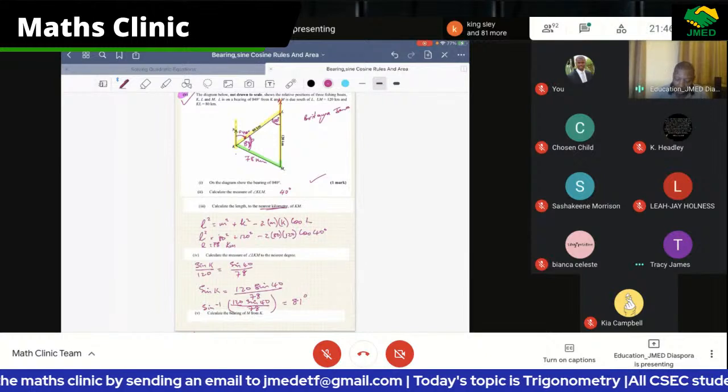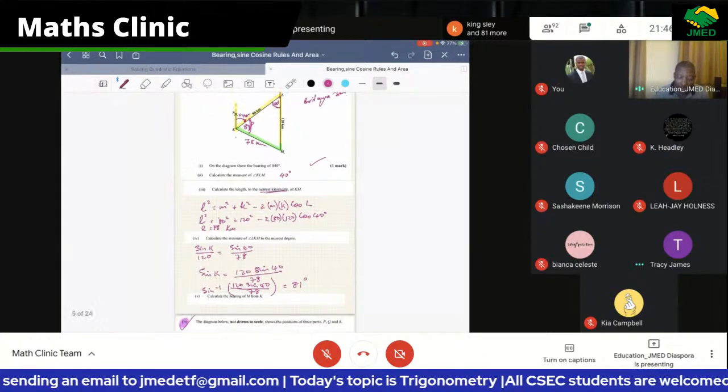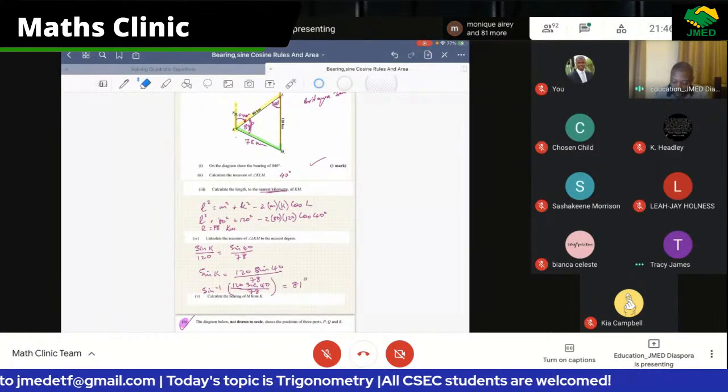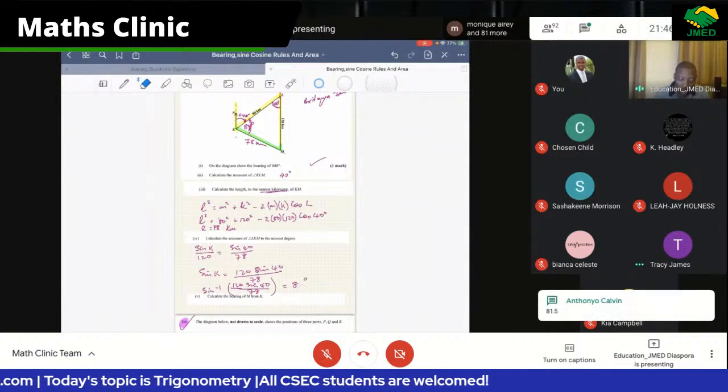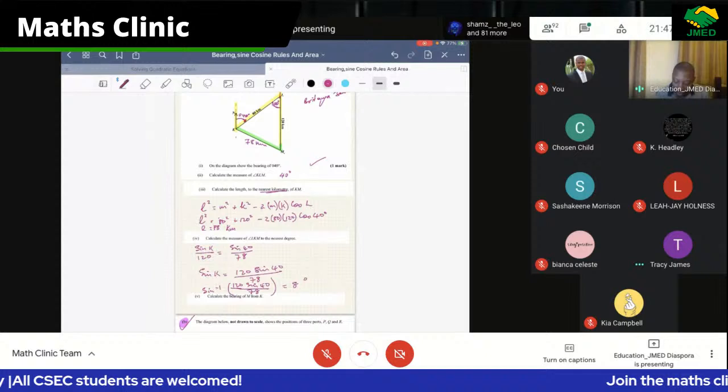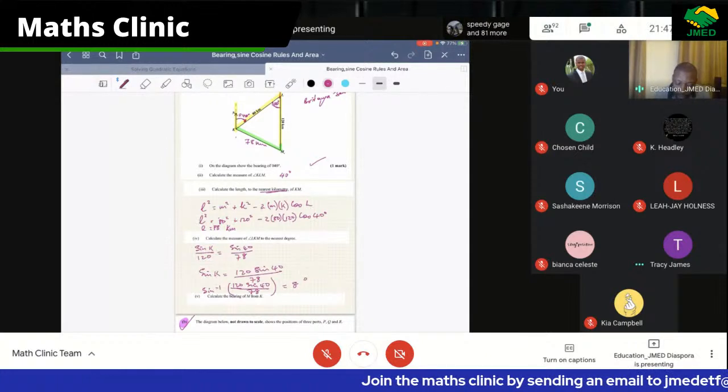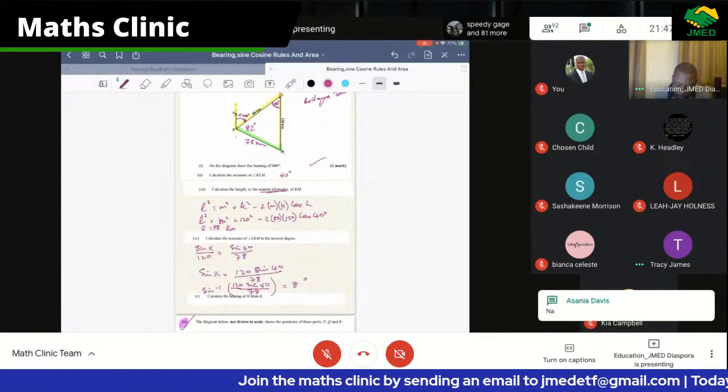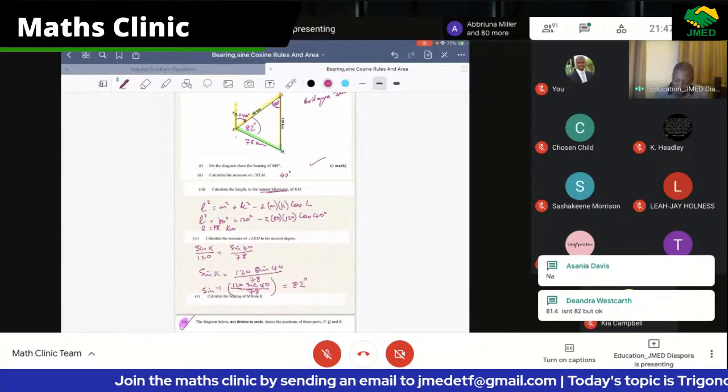Okay, so when you rounded it up, you get 82. Shall we work with 82, since it says to the nearest degree? So we've got here 82 degrees.